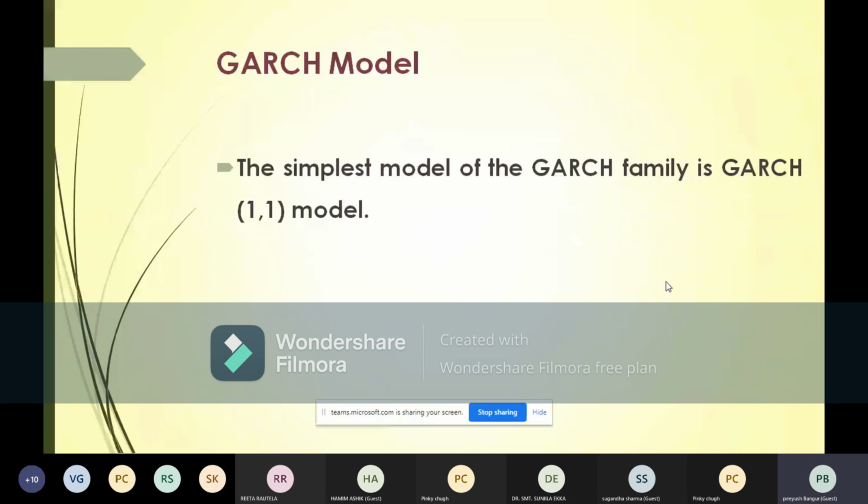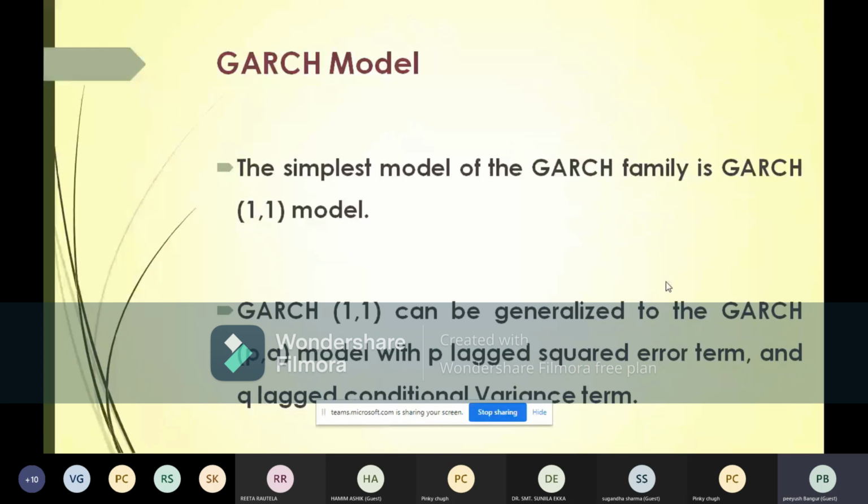The simplest form is the GARCH(1,1) model. This model is also known as the GARCH(p,q) model. What exactly P and Q are, I will tell you, but we have to understand which model we can apply. Friends, the GARCH(1,1) model has a lot of manuscripts in the market.